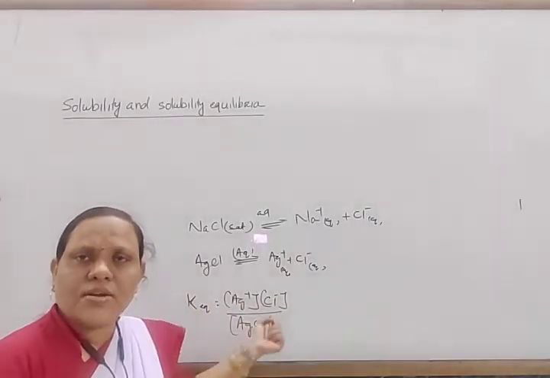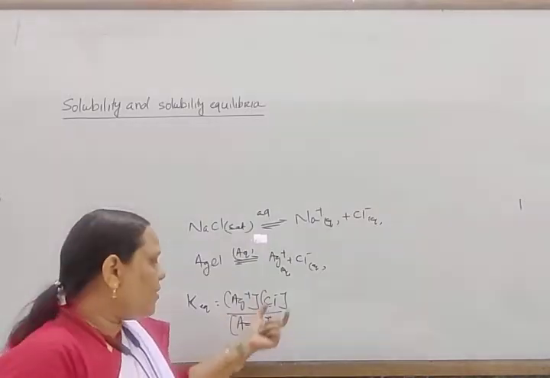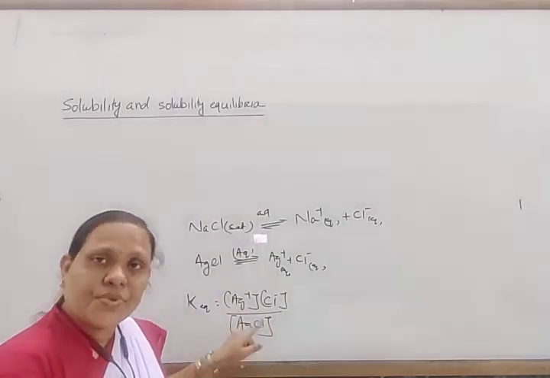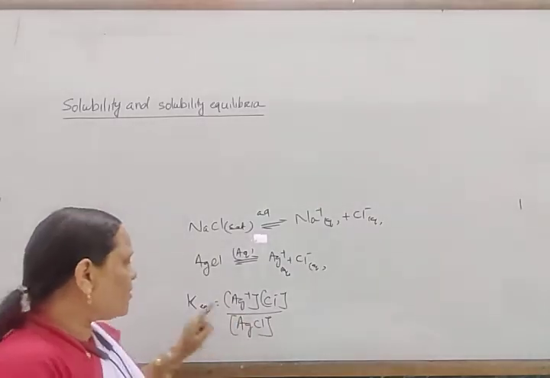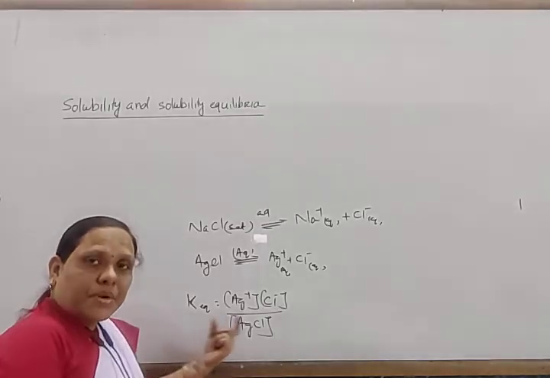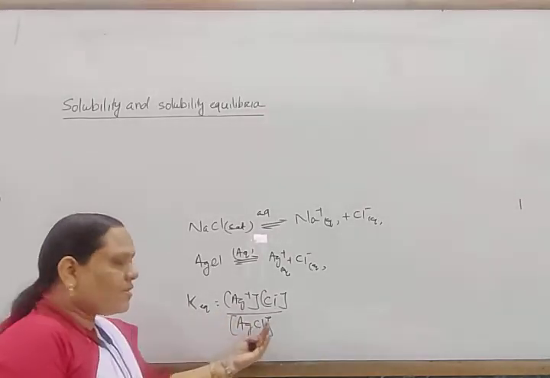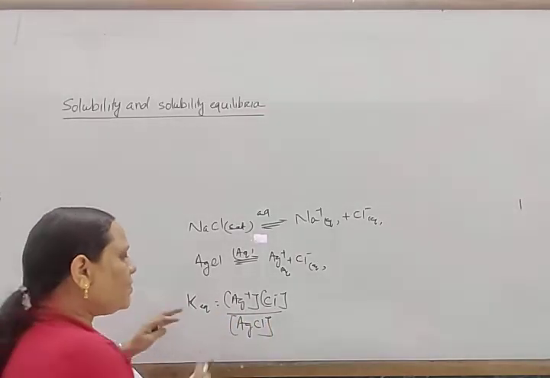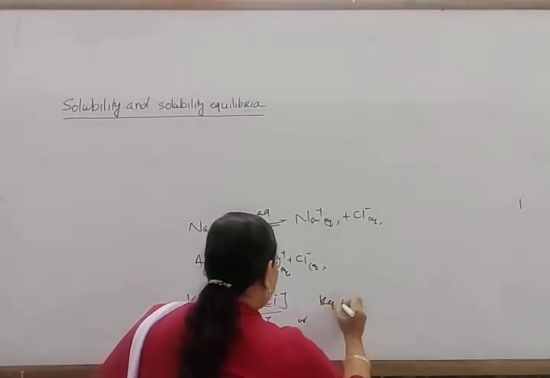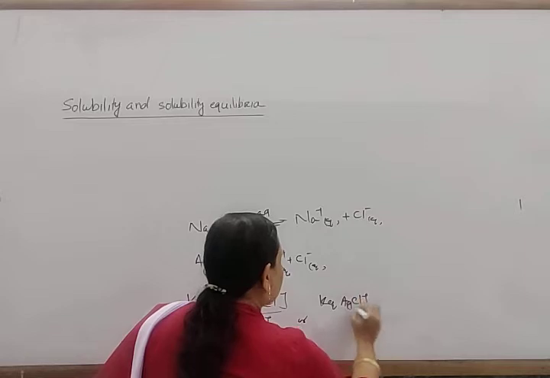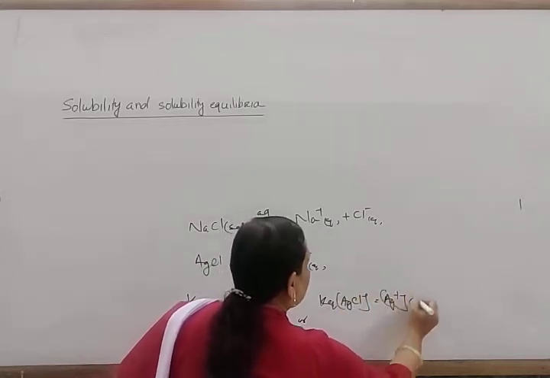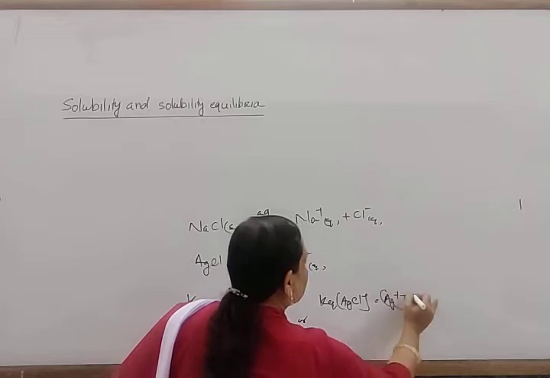Very slightly they undergo dissociation or ionization, or in saturated condition, this concentration is taken as a constant. So as it is taken as constant, rearranging this, we can write K equilibrium into AgCl concentration is equal to Ag plus concentration and Cl minus concentration.